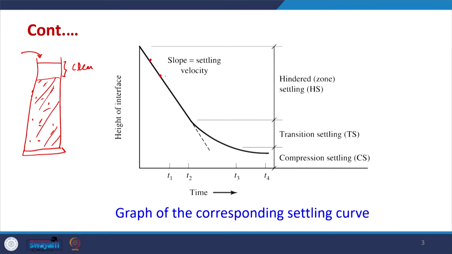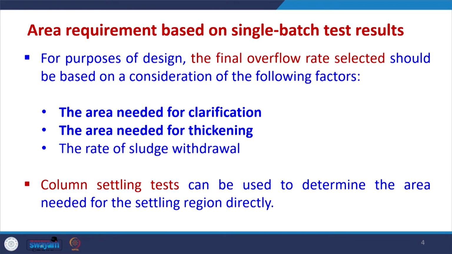So this type of data we get with respect to time, that is, the interface height where the clear zone is. From this data we have to design the overall sedimentation basin based upon these batch test results. We can perform a few batch tests, and from that we can decide the final overflow rate, and directly decide the area needed for clarification, the area needed for thickening, and the rate of sludge withdrawal.